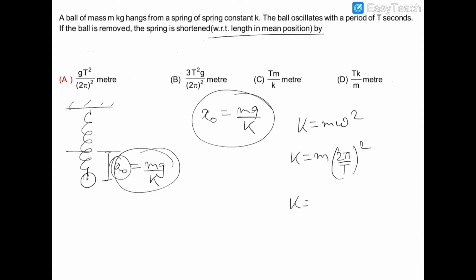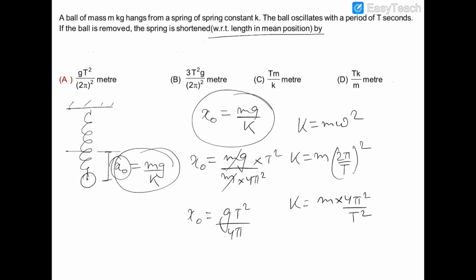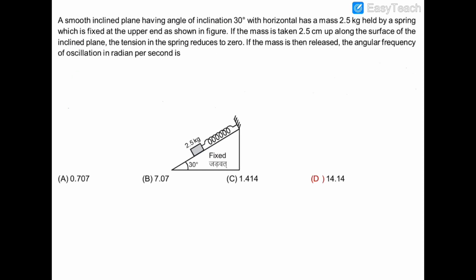So k is equal to m into 4 pi square by t square. So we can substitute the value of k in this equation. So this is mg upon m into 4 pi square by t square. So x naught would be equal to g t square upon 4 pi square. So the correct answer will be option number A. Now we move on to the next question.